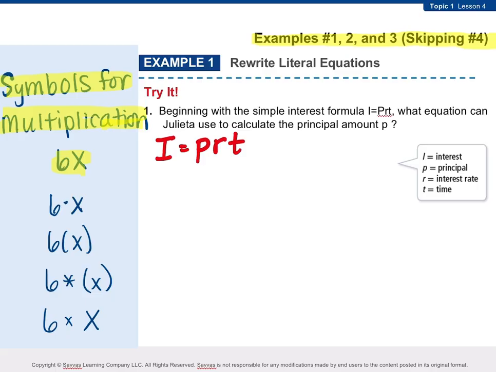This is an equation for interest, I. It tells you what these letters represent, and even though we don't really know what they mean, they're talking about money, we can still rewrite this equation for P. Right now, this equation is for I. We want to rewrite it to solve for P, so our answer should be an equation for P.